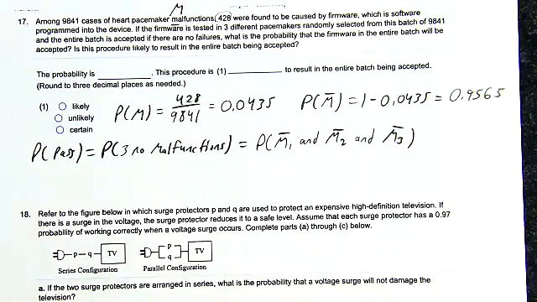Well, in a sample this large, we're going to assume that these events are independent, that the first one malfunctioning does not affect the second one malfunctioning. Does that make sense? And actually, I don't even need a big sample size for that. One pacemaker failing or breaking does not make the other one break or fail.